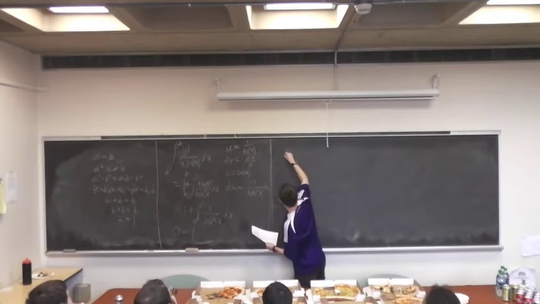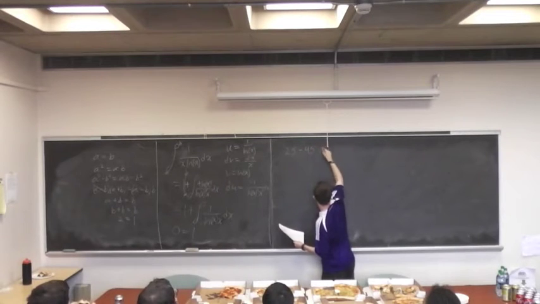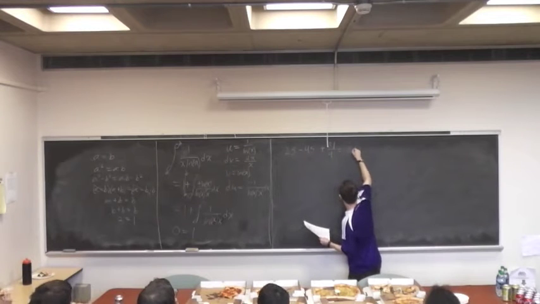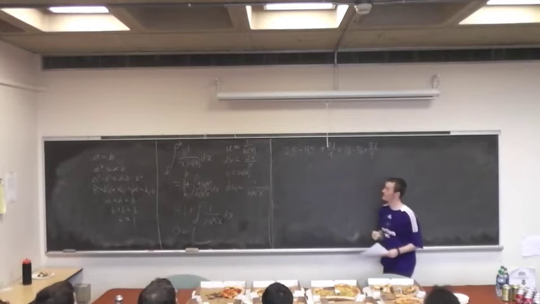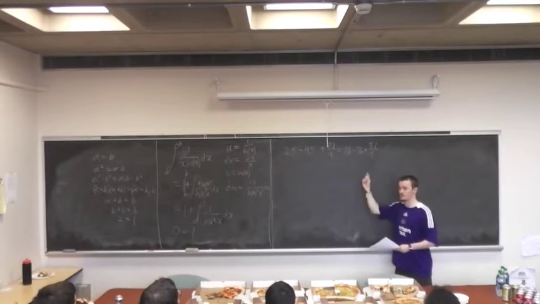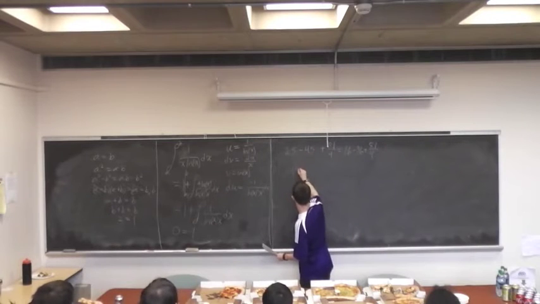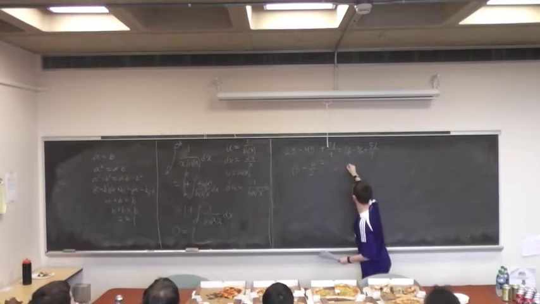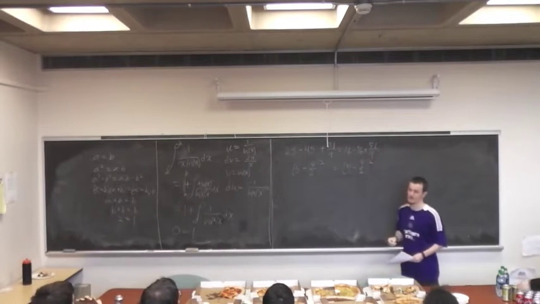Alright. 25 minus 45 plus 81 over 4 equals 16 minus 36 plus 81 over 4. This is a true statement. You can factor: 5 minus 9/2 squared equals 4 minus 9/2 squared.